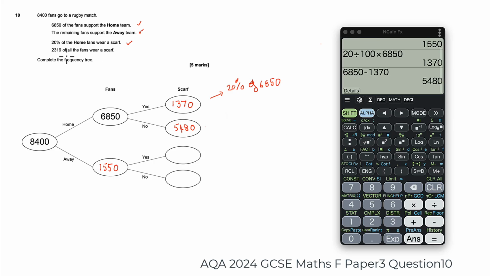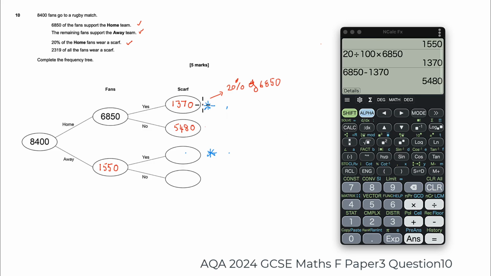Now, we're told now that 2,319 of all the fans wear a scarf. Now, where are the ones that wear a scarf? Well, there are these ones and these ones. Because of the home fans, these are the ones that wear a scarf. Of the away fans, these are the ones that wear a scarf.